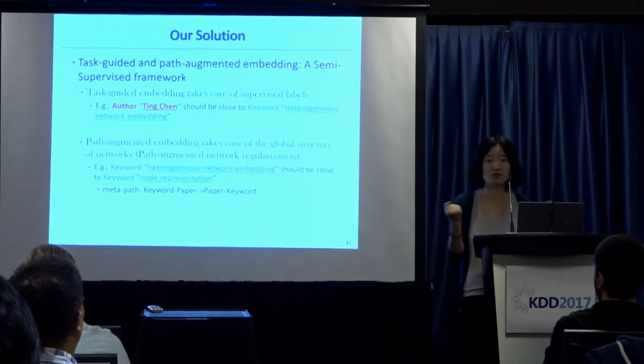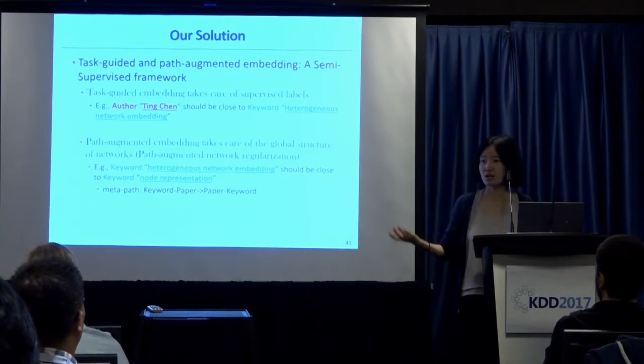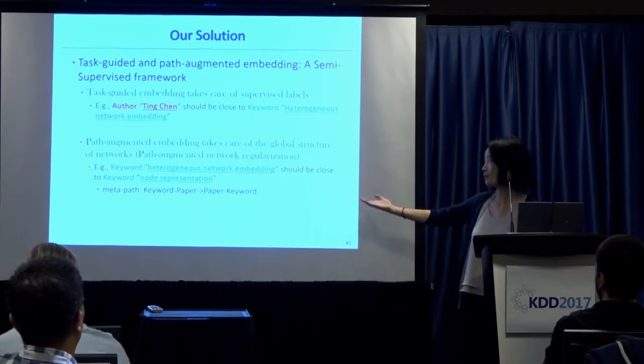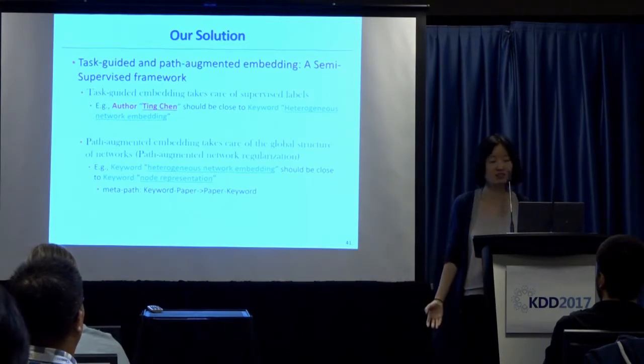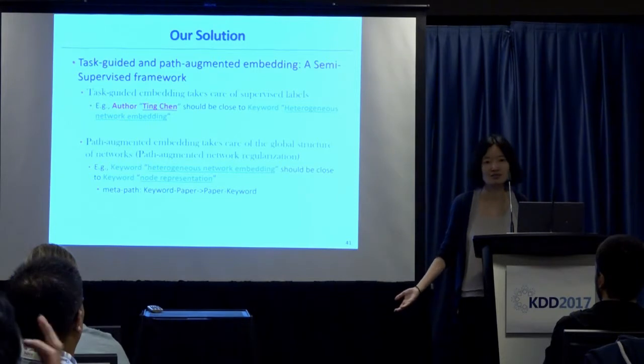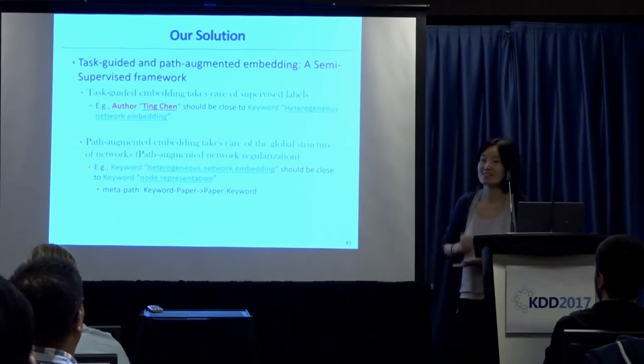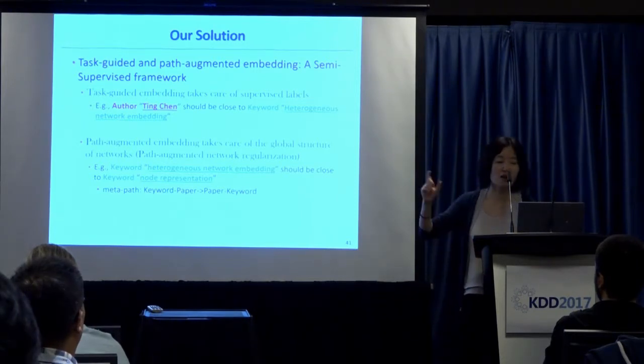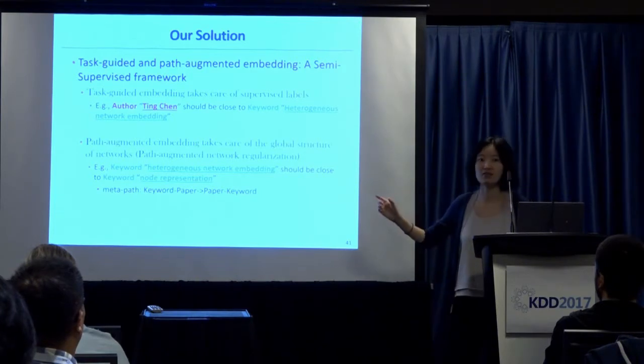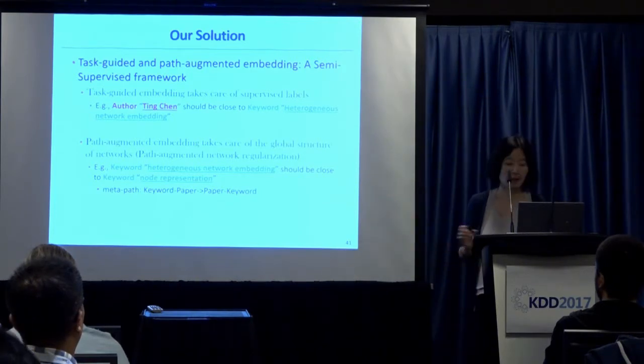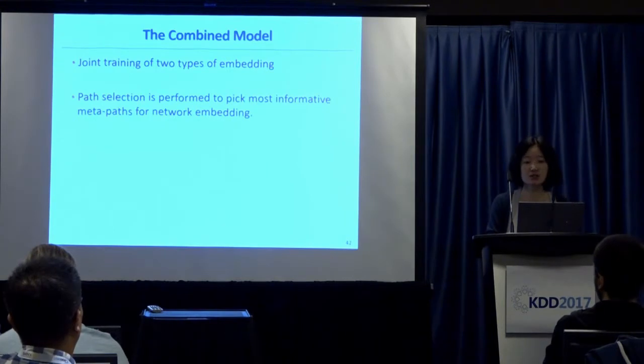So we know that these two keywords are quite similar to each other. So next time if Ting Chen writes a paper with the keyword node representation, it's not a surprise, right? But if we just look at the existing author-paper links, you can never observe that kind of information. So that's the general idea.